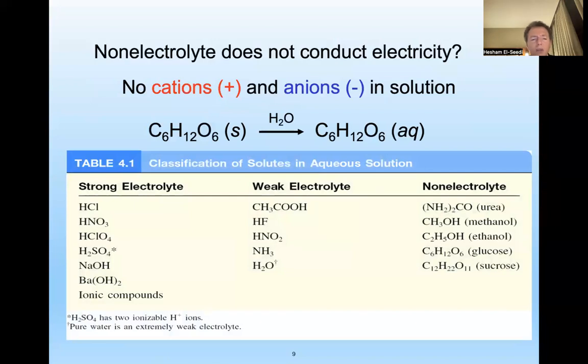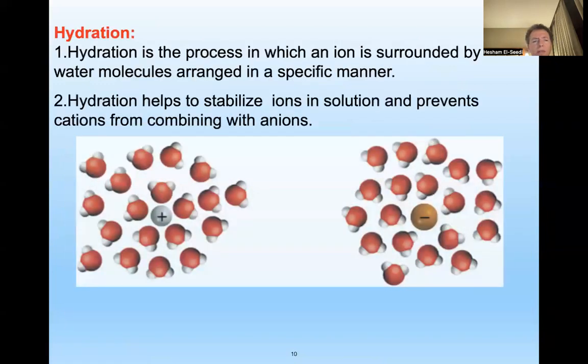From this point of view, you will see the table with strong electrolytes like HCl, nitric acid, etc., while weak electrolytes, as we said, are acetic acid, hydrofluoric acid, etc. Non-electrolytes are like urea, methanol, ethanol, glucose, sucrose, these types of sugars.